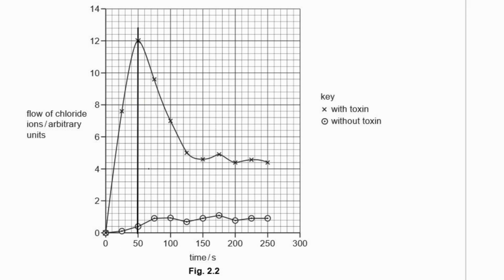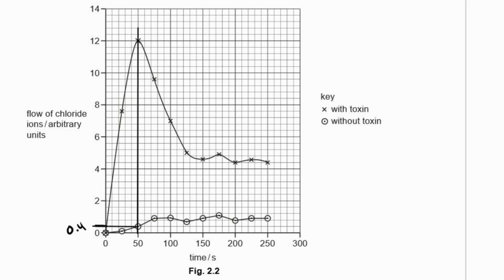All right, so each one of these marks, if we have 2 arbitrary units divided by 5 squares, that means each square is 0.4 arbitrary units per square. Okay, so every time you go up one little square, you're going up 0.4 units. All right, so if we look at this, for without the toxin, it's at 0.4. Let's draw the line to show that.